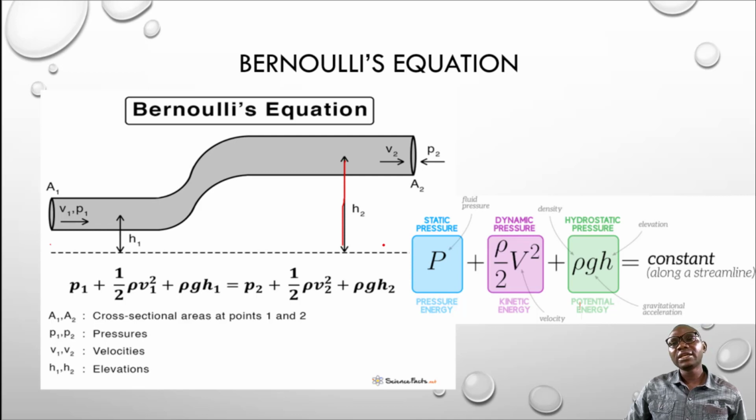So in an instance where the pipe or the container that is transporting the liquid has a flat surface, what it means is that our H1 and H2 will be the same, their level will be the same. So the potential energy at that point will just be density and gravity, and by default they will cancel out. So that is how it is.